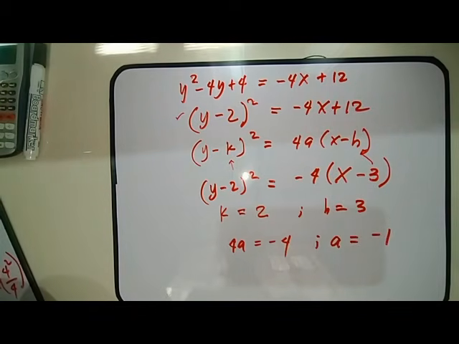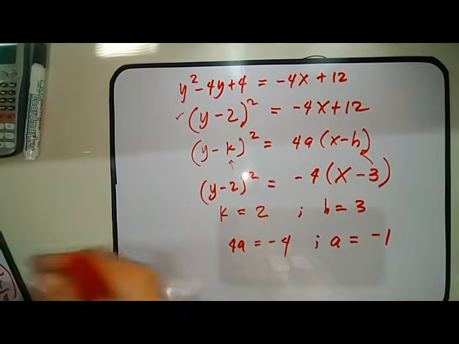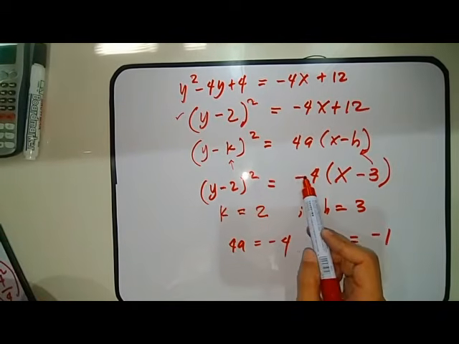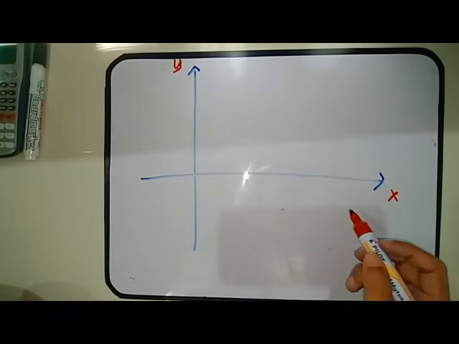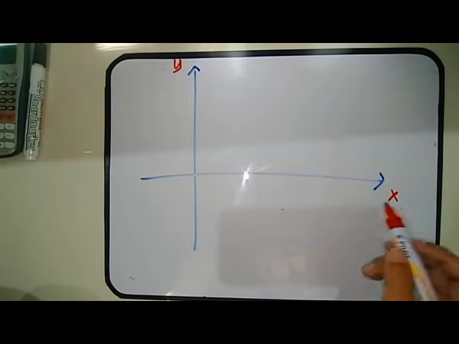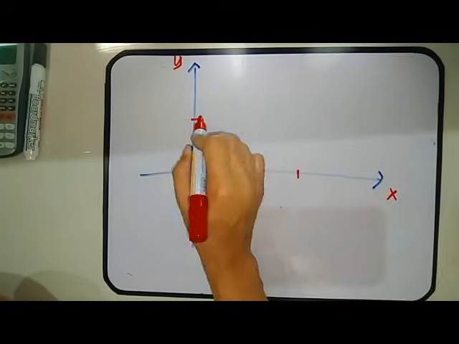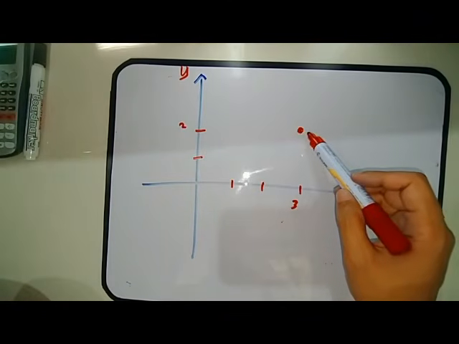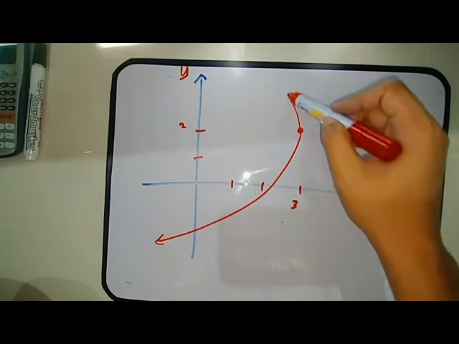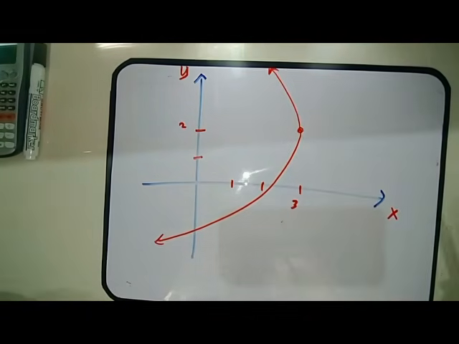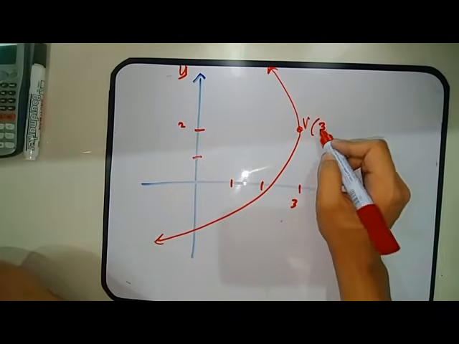Okay? So, i-drawing na natin yung figure. So, opening to the left siya kasi this is a negative. So, yung vertex ng parabola guys is located at h is 3 and k is 2. So, 3, 2. So, i-plot natin. We have, so that is opening to the left. So, that is our parabola. So, this is 3 and 2.